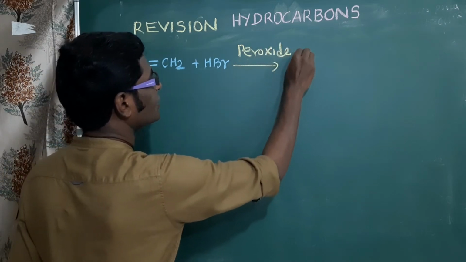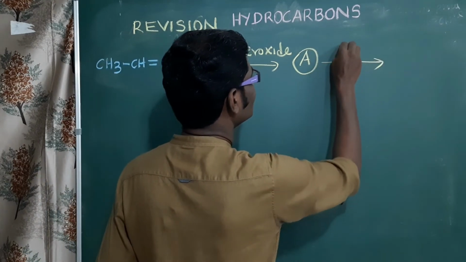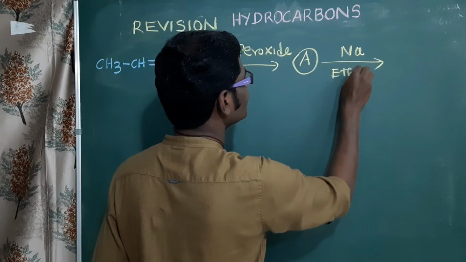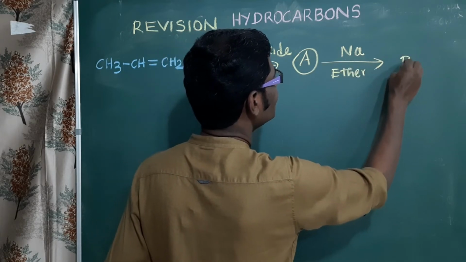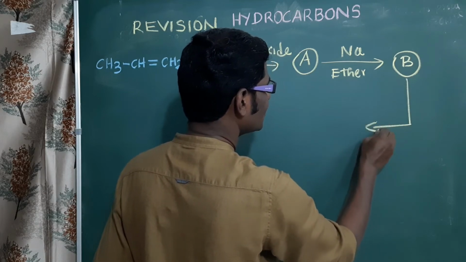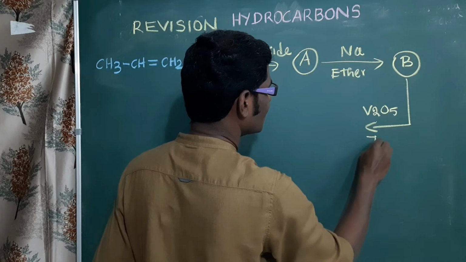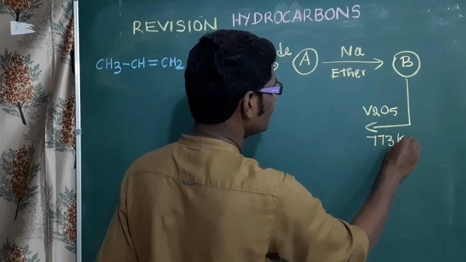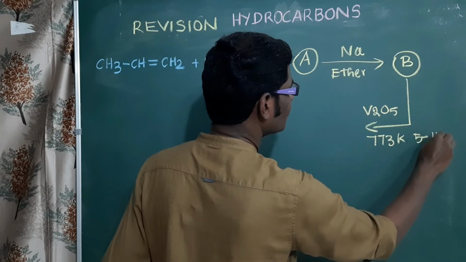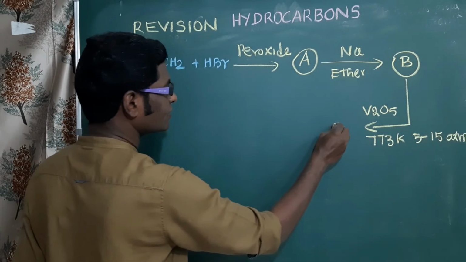The product considered as A. When A treated with sodium in presence of ether, we will get B. B treated with vanadium pentoxide at 773 Kelvin, 5 to 15 atm pressure, we will get C.